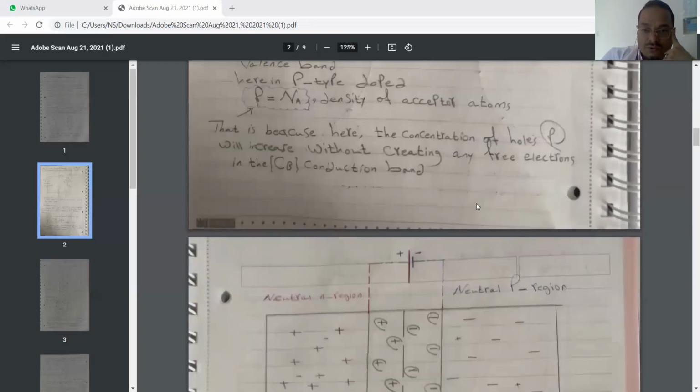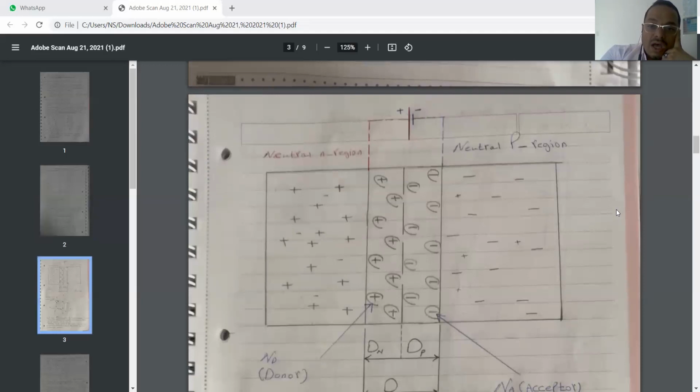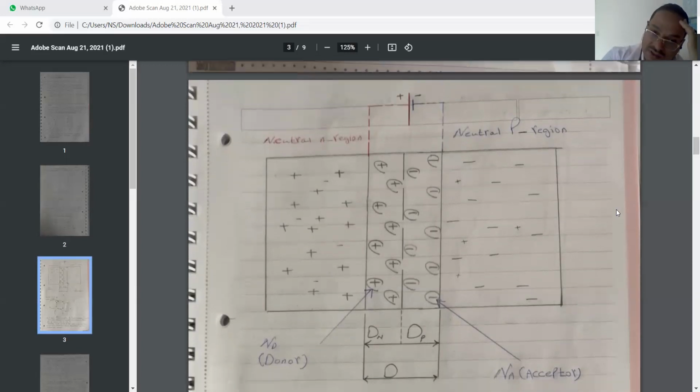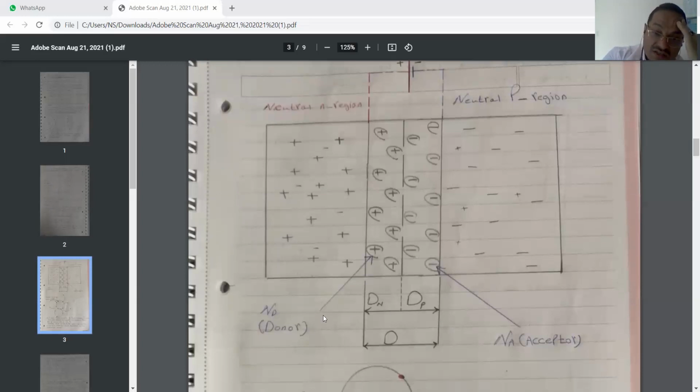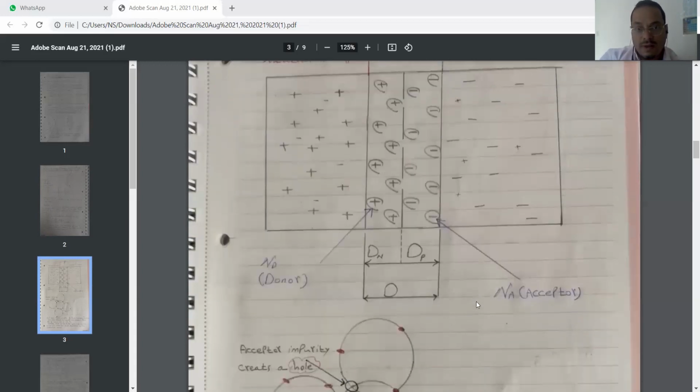But now let's go to this diagram. This diagram is great for comparing n-type doping and p-type doping. Like we say here, the positive ions and negative ions show us the NA acceptors or ND donors.